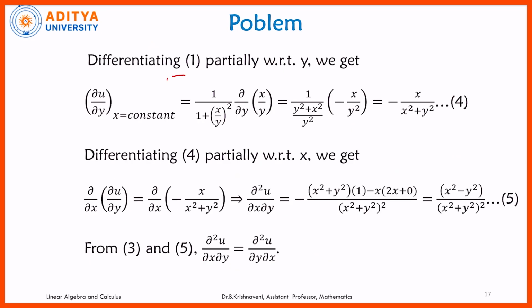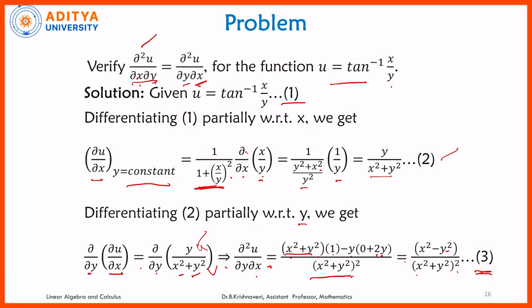Now do the partial derivative, that is differentiating partially with respect to y, dou u by dou y, where x is constant. The equation is u is equal to tan inverse x by y.